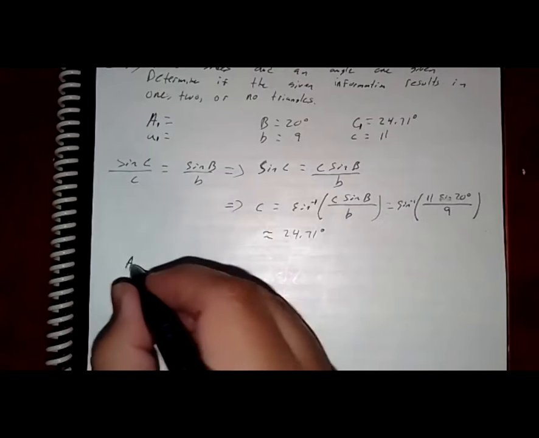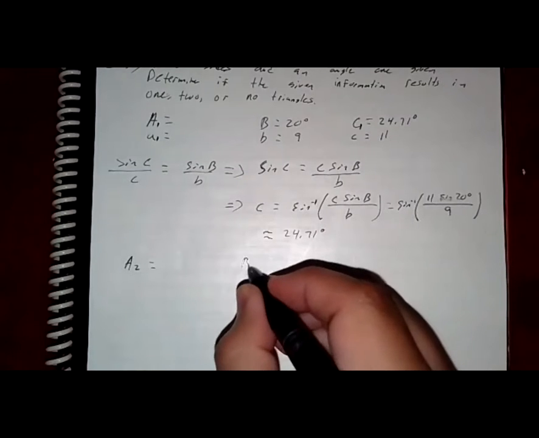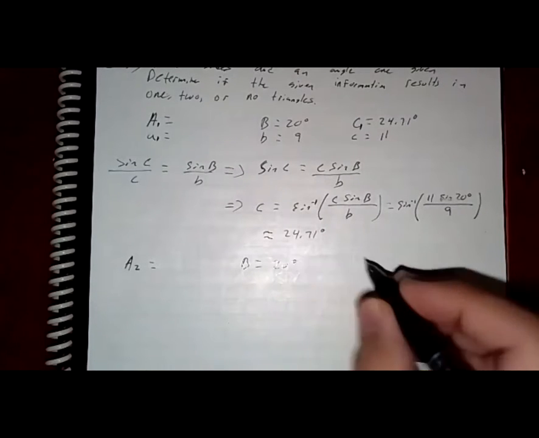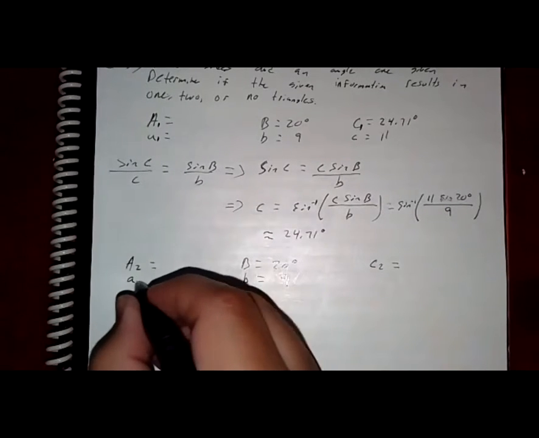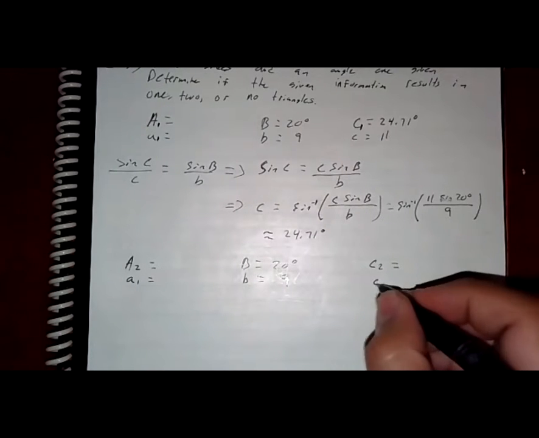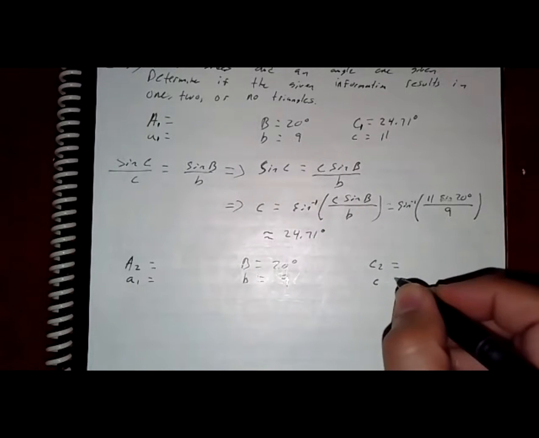So we're gonna have another set here. A2, B will stay the same. C2, this will stay the same. A1, C will stay the same.